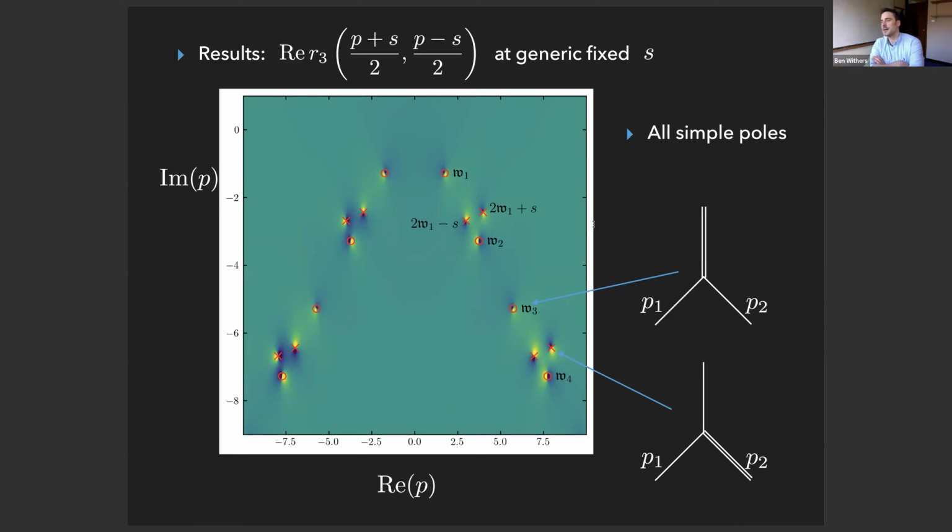I don't know. Usually for OPEs, you would think in position space, with insertions coming close together. Do you know what that would look like in momentum space?